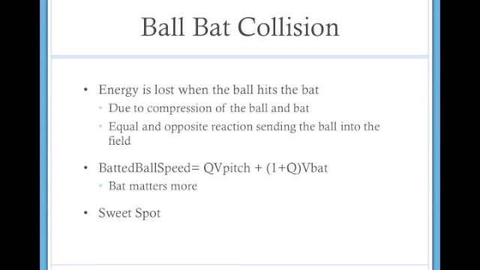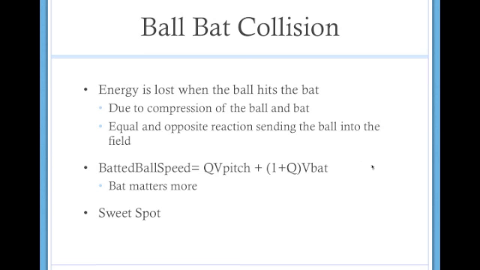And he also went on to say that 0.75 of energy is lost from the ball from the original pitch, which I thought was really interesting because that's a lot of the energy that it was originally pitched with. He also talked about the batted ball speed and how the speed that results is the result of three things. It's a result of the coefficient of restitution, the velocity of the pitch, and the velocity of the bat.